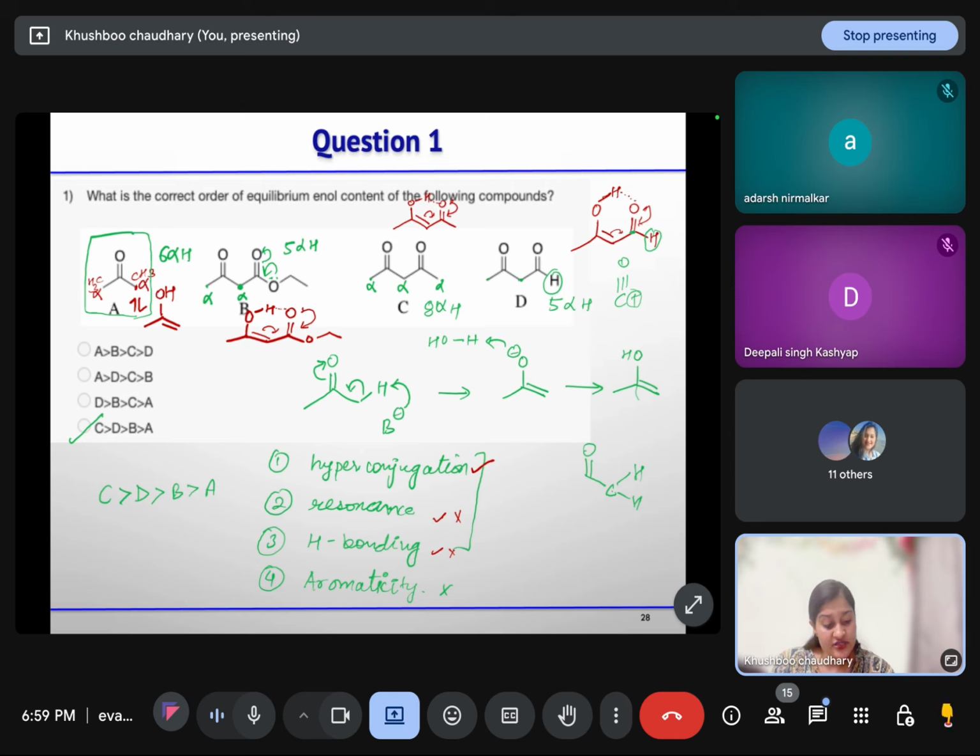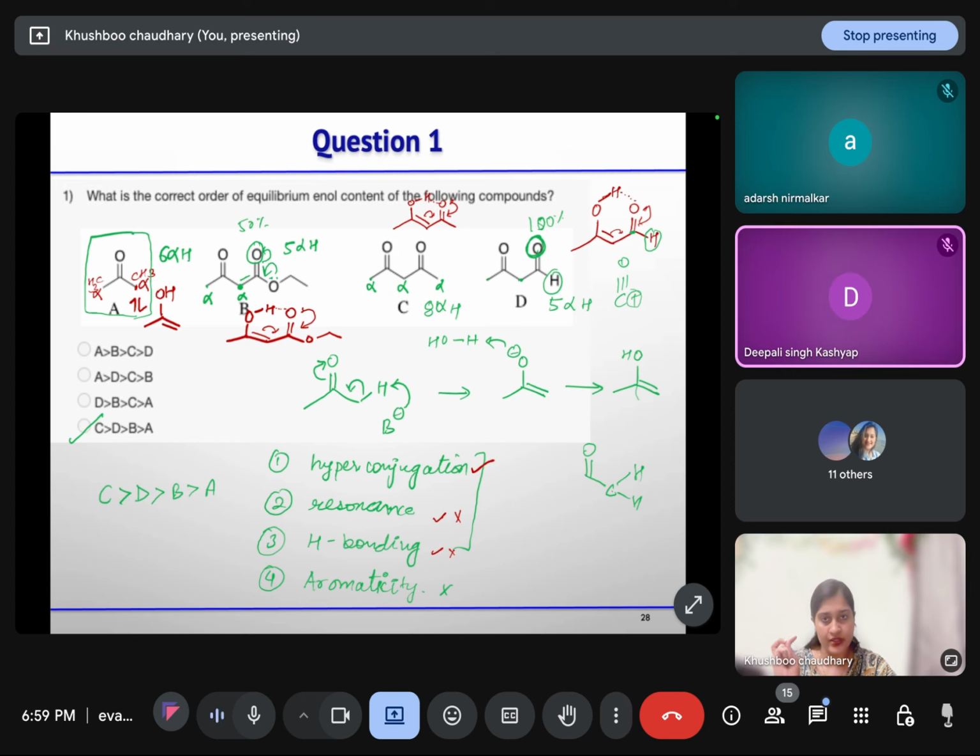But in the case of aldehyde, no other conjugation is possible. So electron density at this center is more than that of this one. So whenever you are doing conjugation, in this case the conjugation, if we are considering 50%, in this case conjugation is 100%. So on the basis of that we are deciding. Clear?